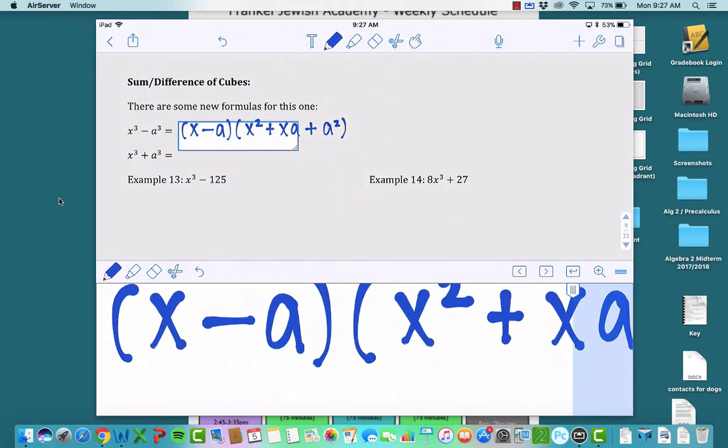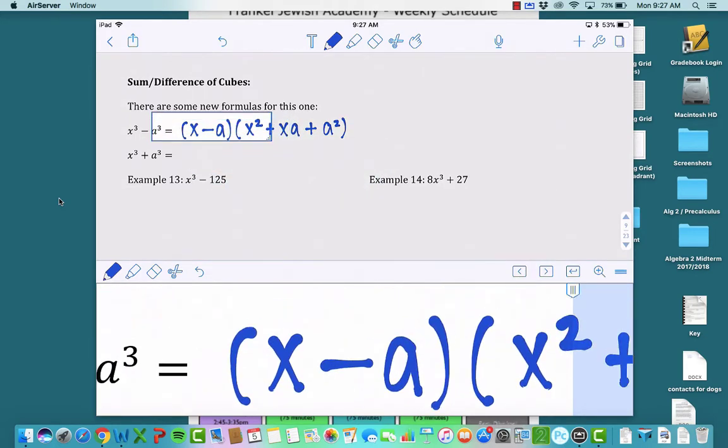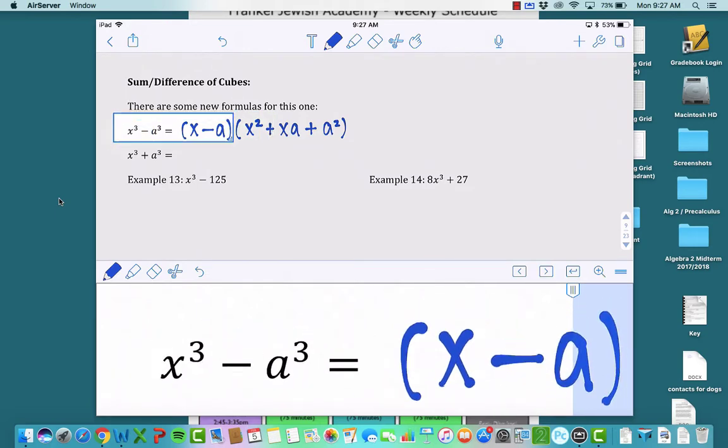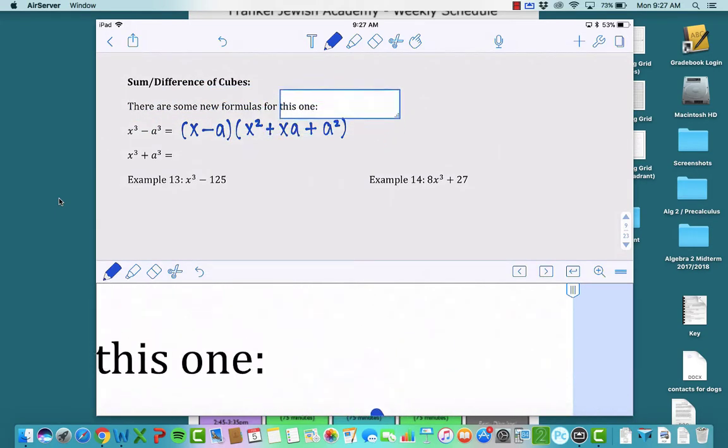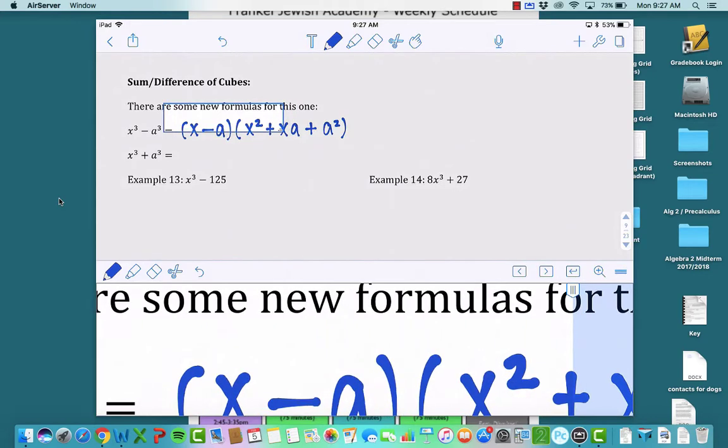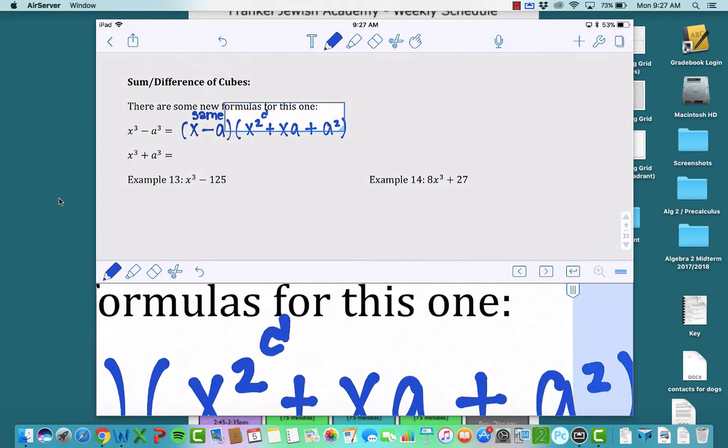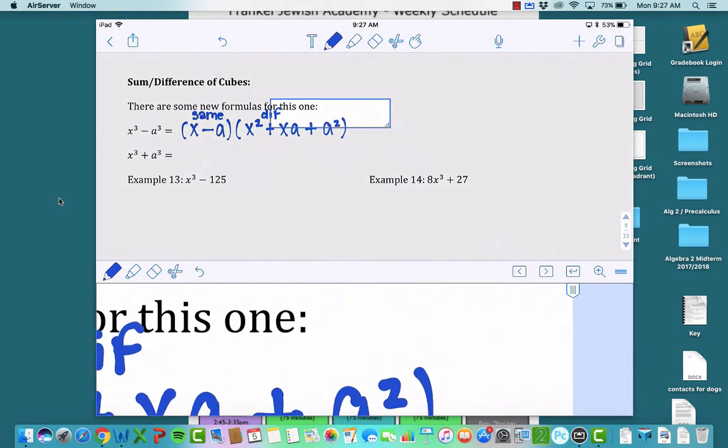Now, some people remember this by saying the first part has the same sign and then different, plus. Some people remember this as same, different, plus.